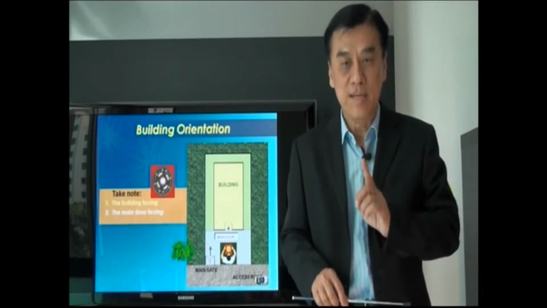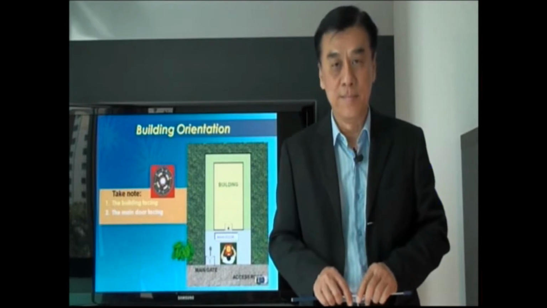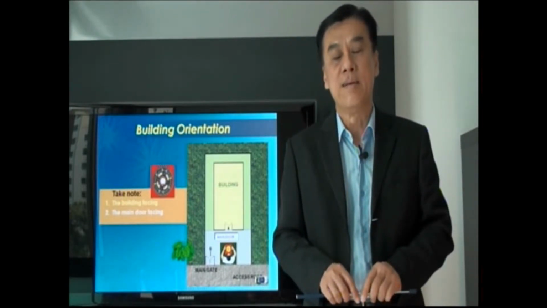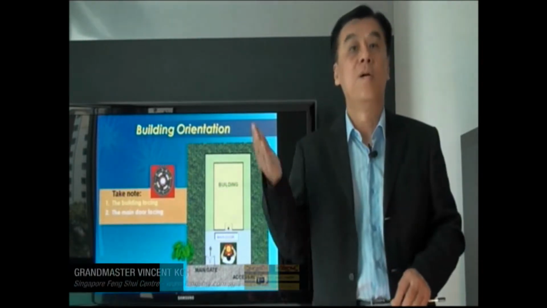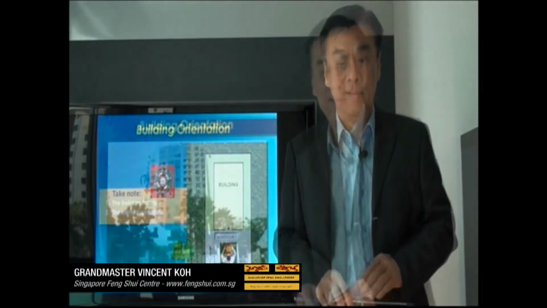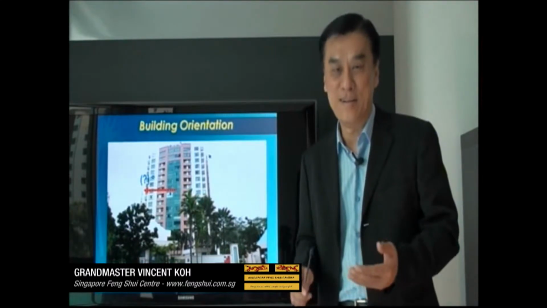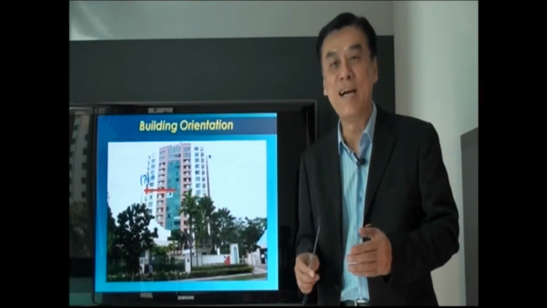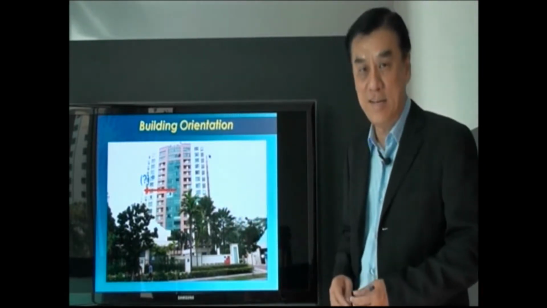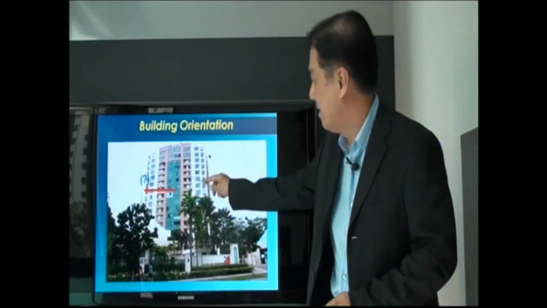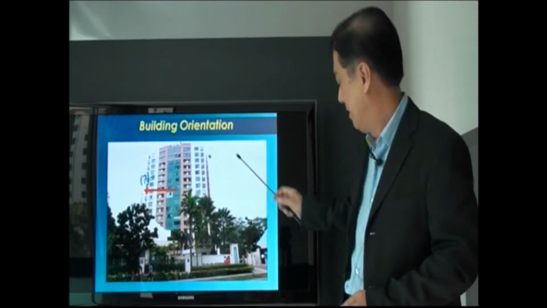For high-rise building, it is also very important. The facing of the building may not necessarily be the facing of your house or your apartment. Let me elaborate on a high-rise building. How do we identify the facing? Let's take a look at this slide over here. Now, this is the building.